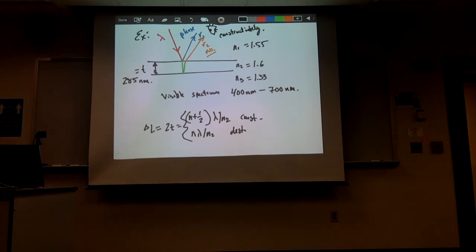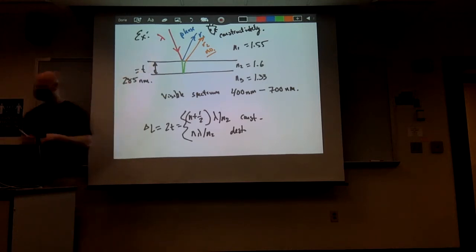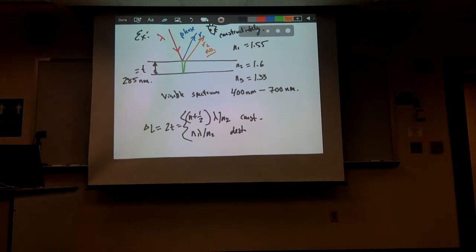Sometimes you'll have to figure that out based off of whether you see it or not. If you see it, it's constructive interference. If you don't see it, then it's destructive interference. So for example, if I told you that what you see here was yellow light, then in that case it would be constructive interference because you're seeing the yellow light at that stage.